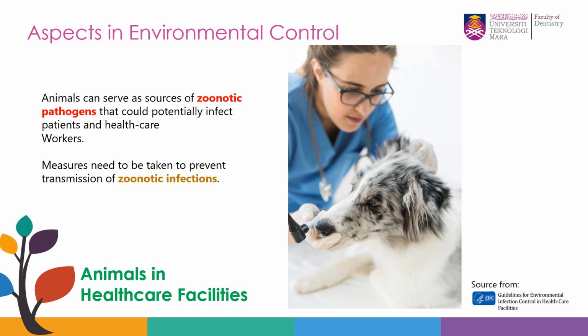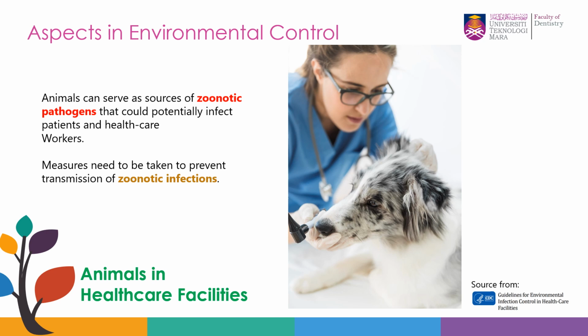Animals. Animals can be found in healthcare facilities. We need to be aware of this. If you are working in bigger facilities, we might encounter animals in our clinic. Especially overseas, they have a lot of patients using animals as helpers.